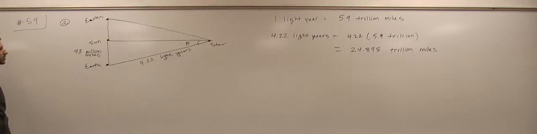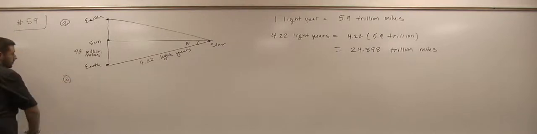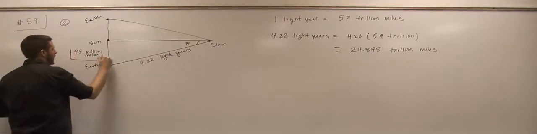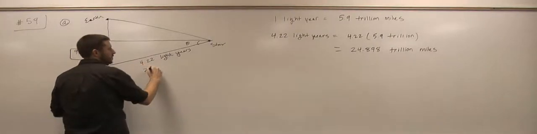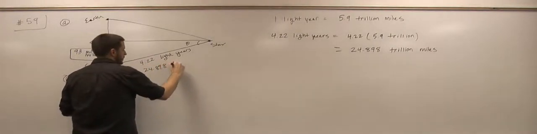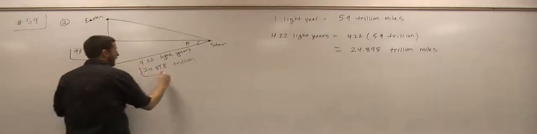So what could you set up to solve for theta in part B? This is just a triangle. You know this guy, and you know this guy is 24.898 trillion.